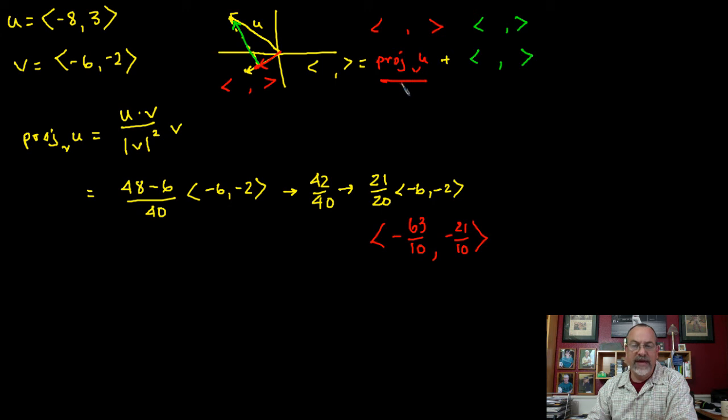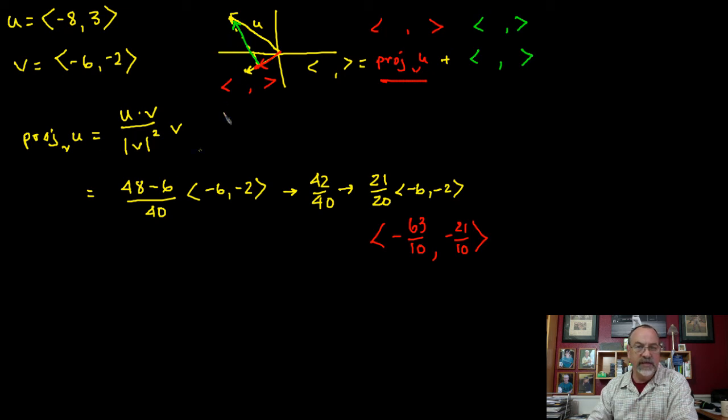What I need to figure out now are the components of this vector that's perpendicular to it. And I know that this plus this is equal to this, so I know what the red components are, the projection vector. I know what the original components are, the yellow vector, so a little bit of algebra manipulation, meaning I simply take the original vector minus the projection vector, that's going to give me this perpendicular vector.